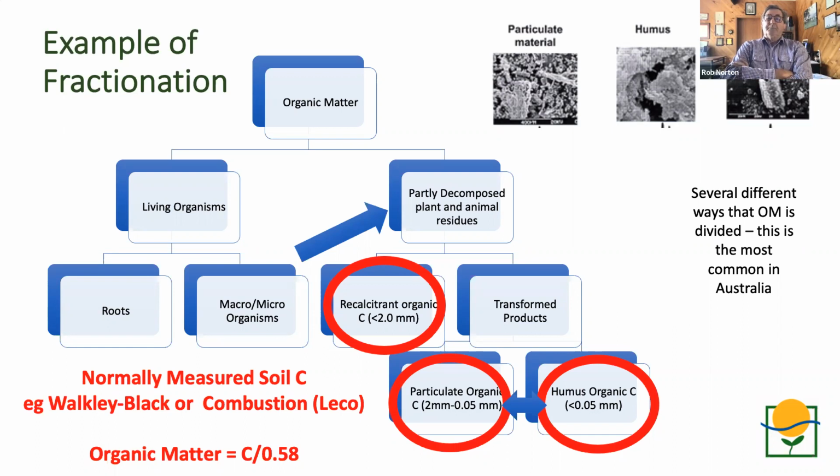The two other pools, particulate and humus organic carbon, are in flux with each other. And when we measure organic carbon, we actually measure all those three pools. And understanding this pool here isn't particularly reactive. It's actually the other pools, these two pools here, that are the more reactive ones.